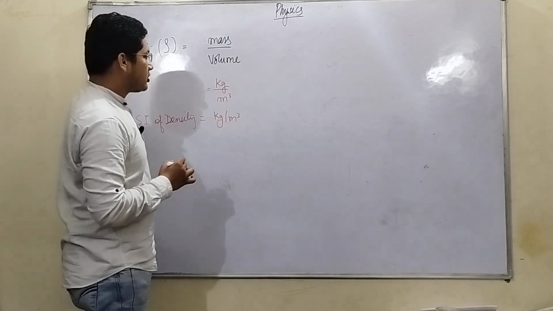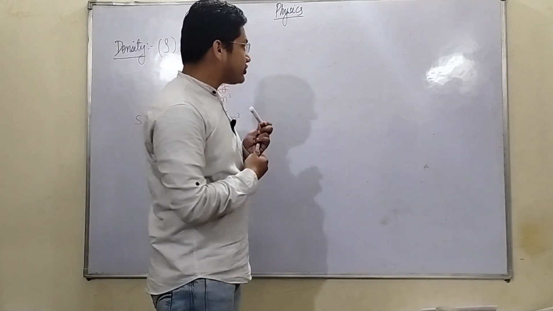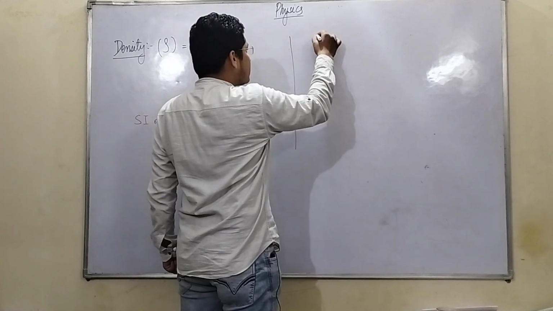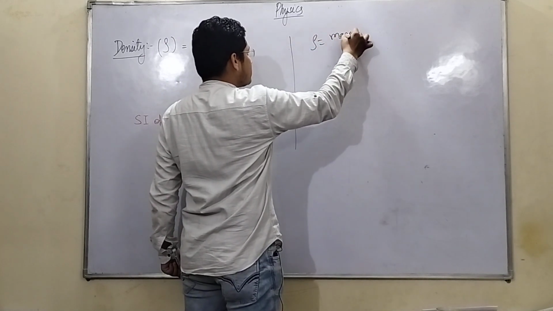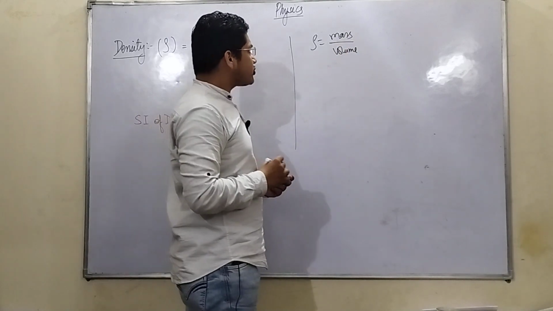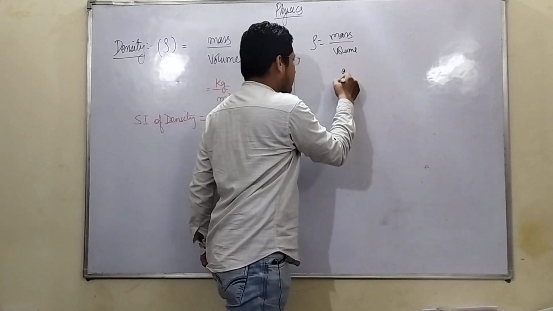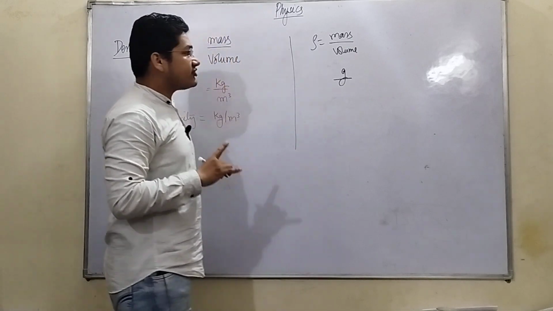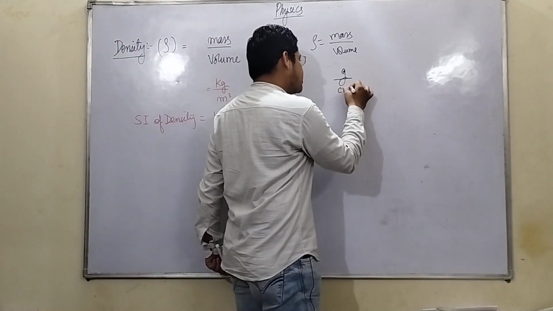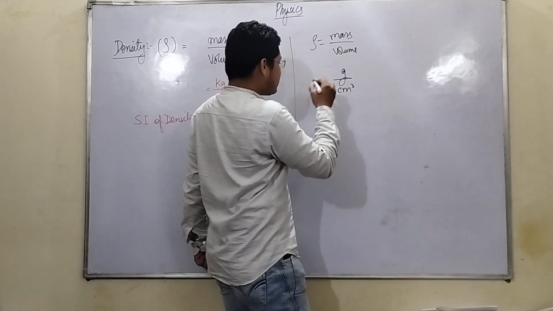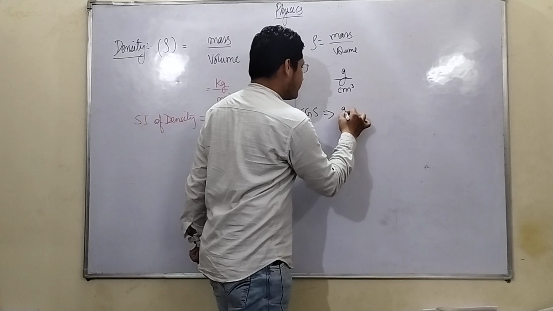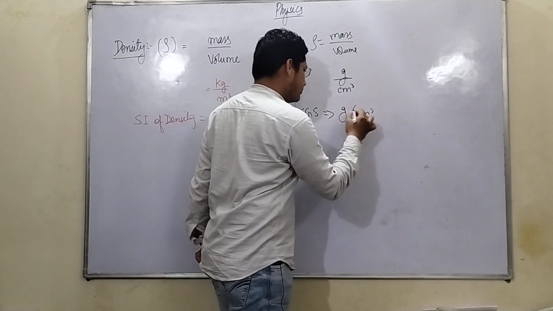Now let's talk about the CGS unit. The CGS unit of mass is gram and the CGS unit of volume is centimeter cube. So the CGS unit of density will be gram per centimeter cube.